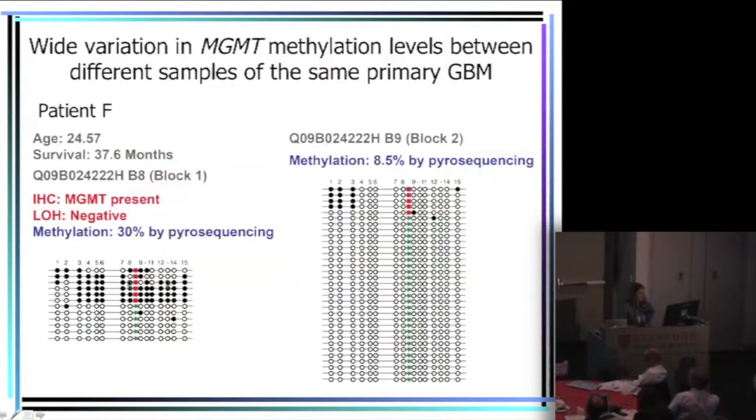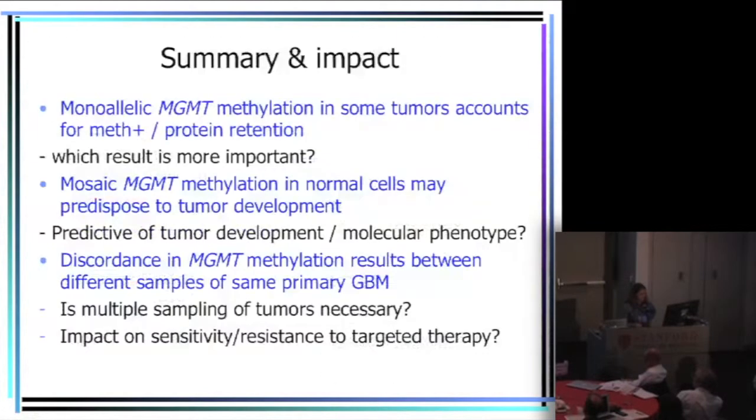Here we just had differing levels, but interestingly, you can see that again, methylation is confined to one allele of the gene, and it's at this particular SNP site. And the MGMT protein by IHC was present despite this substantial level of methylation.